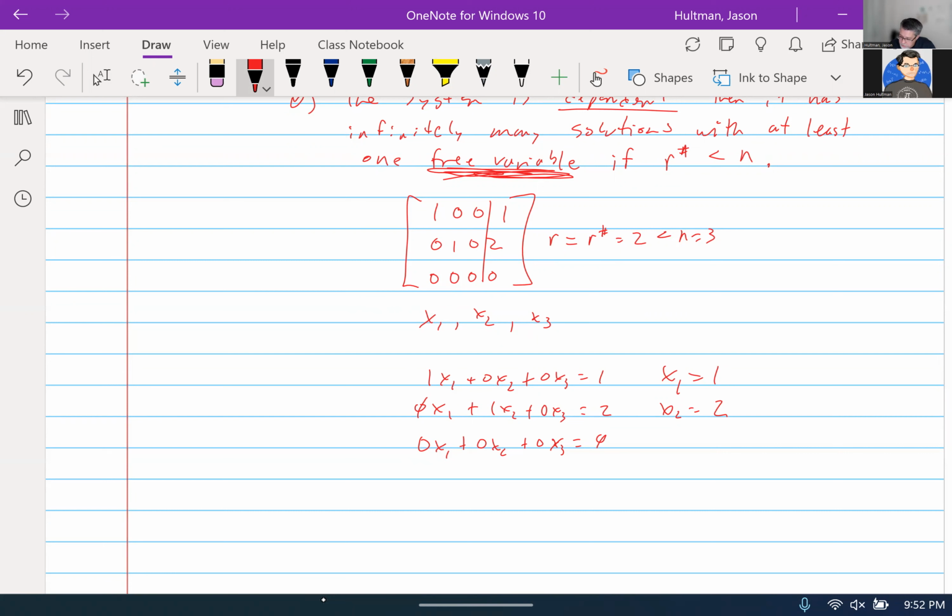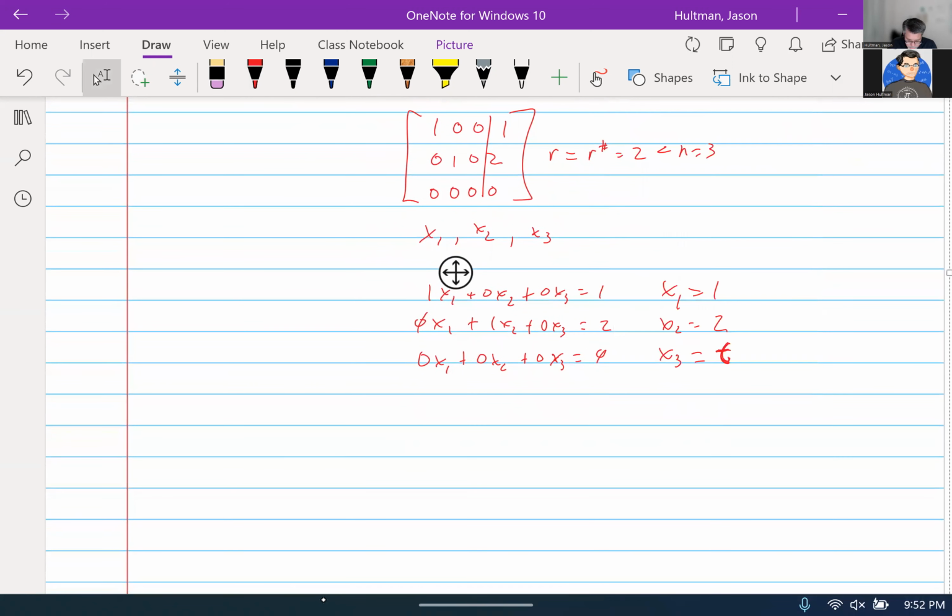And so what can we say about x3 here? Well, we could say that x3 could be anything. And the way that we represent the anything is with another variable. We just say that this could take on value t. And so our solution would be 1, 2, t.